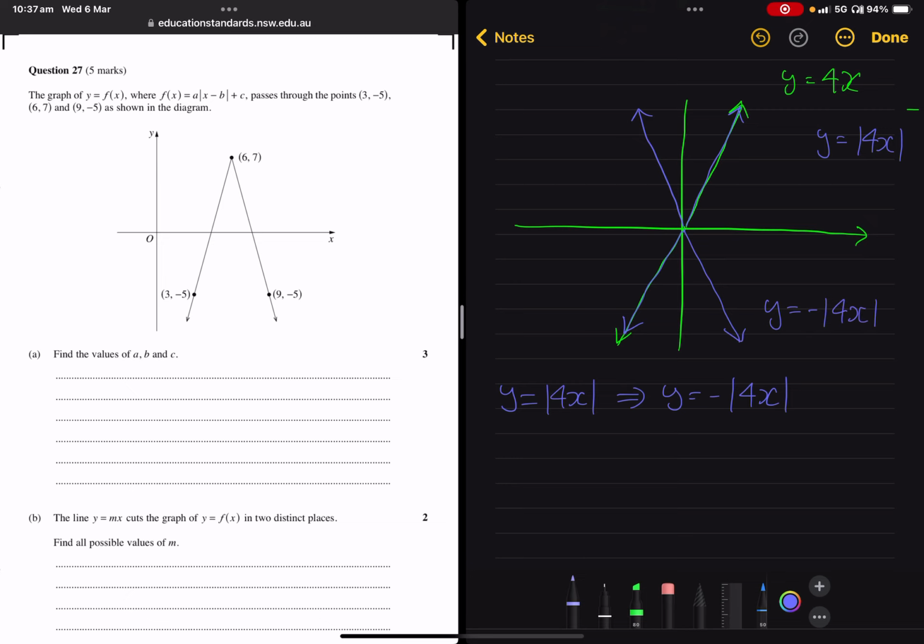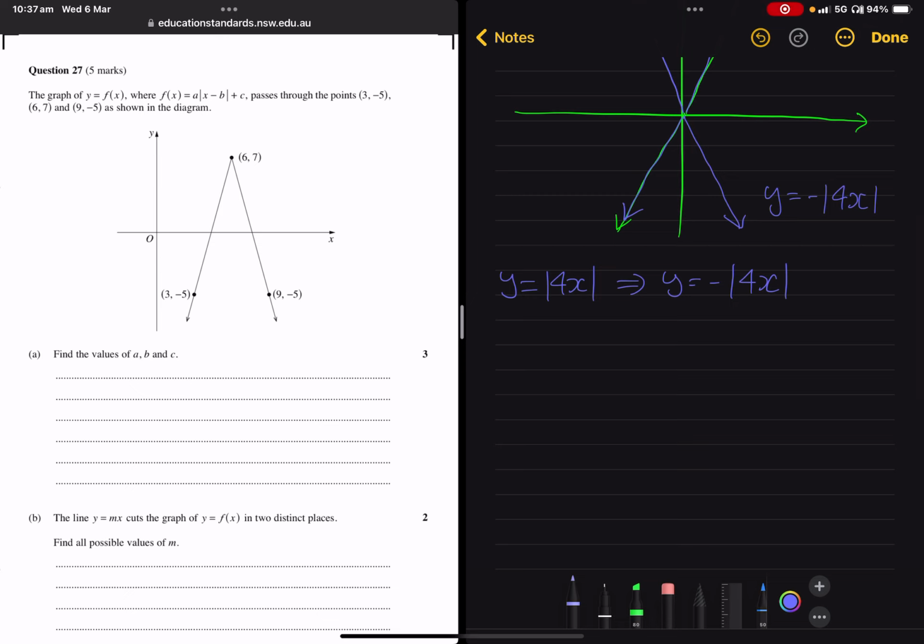Now we just need to move it across by 6 and up by 7. To move it up by 7, we're just going to add 7 to both sides. So our new function is y equals minus absolute value 4x plus 7.